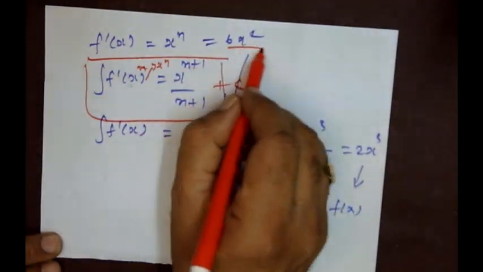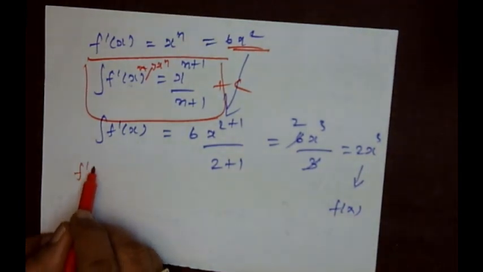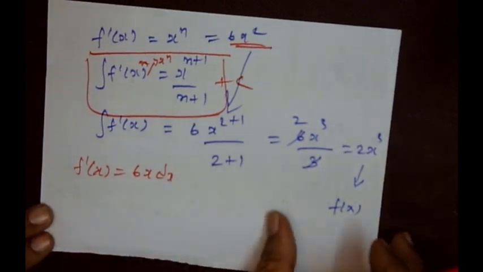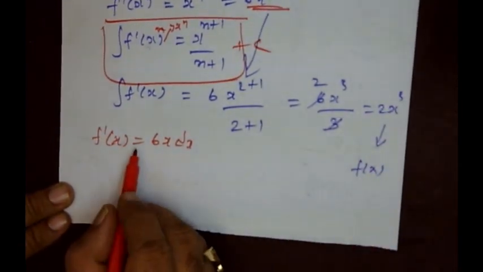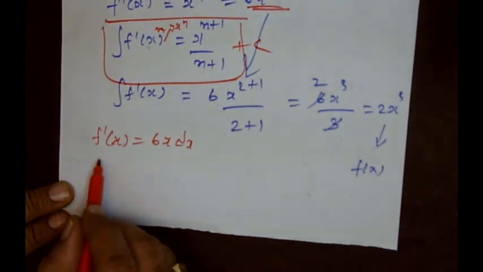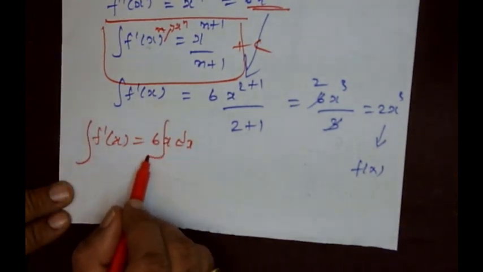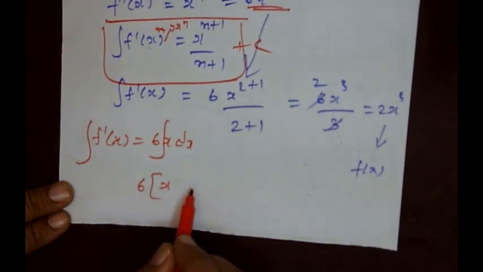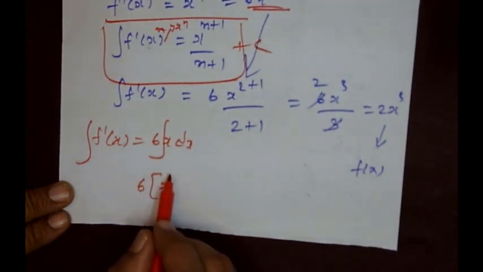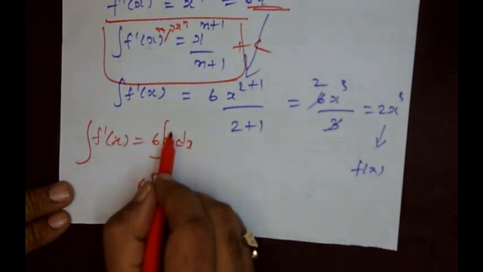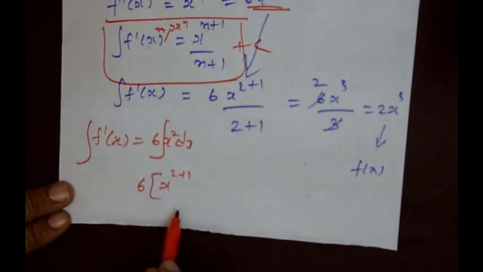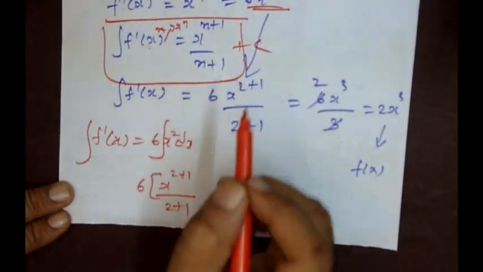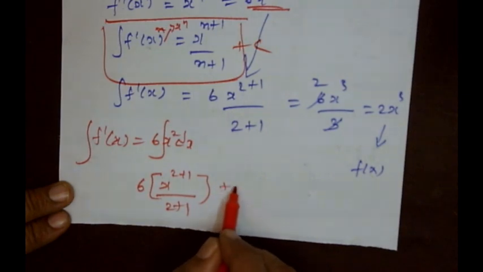Okay, suppose f dash x is equal to 6x dx. Now it can be integrated as follows. We are integrating; 6 is a constant, take it outside the bracket, and now it becomes 6 into x power 1 plus 1 (this is x squared, so 2 plus 1) divided by 2 plus 1, according to this formula, n plus 1 divided by n plus 1, plus the integral constant.